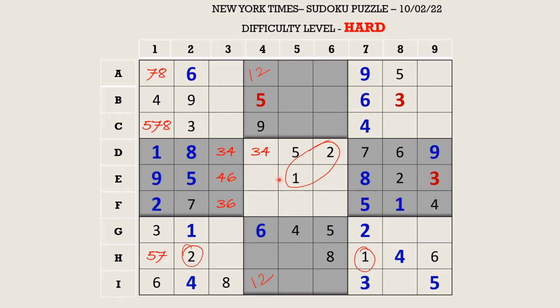Now you have 8 here in E row which blocks this cell, and there is 8 here which blocks this cell. So F4 is the only cell where 8 can be. Now the other 3 cells here you can see 4, 7 can go here.